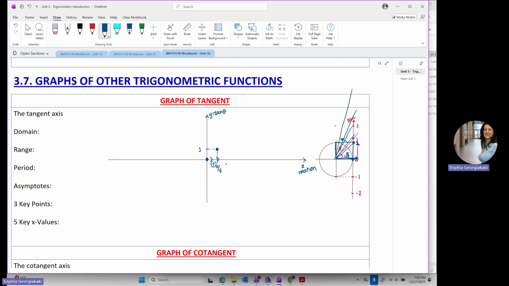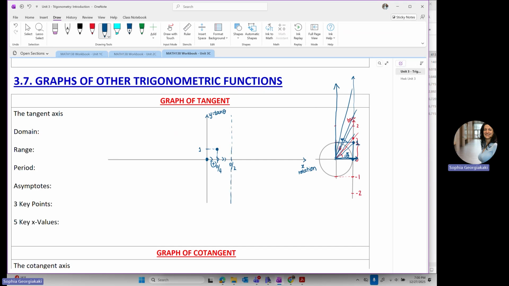And then as I increase the rotation theta, approaching the 90 degrees, what happens is that this tangent increases. So I will have tangents that are becoming very, very large. And when I am at 90 degrees, the terminal side will actually never intersect the tangent axis. So when I have the angle pi/2, I have an asymptote there for the tangent.